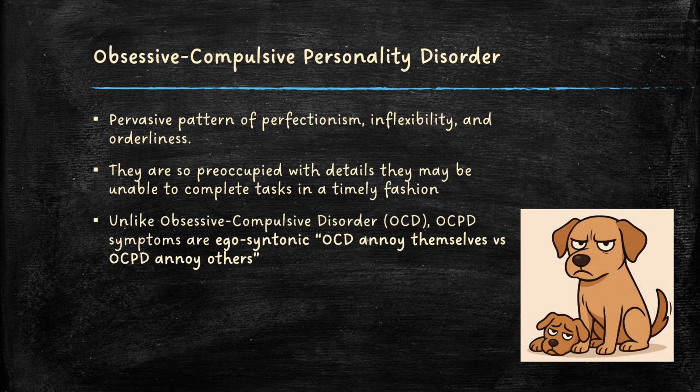Now, you do need to know the difference between OCD and OCPD. OCPD symptoms are ego-syntonic. And the way to remember this is OCD annoys themselves, whereas OCPD annoys others. So people with obsessive compulsive personality disorder are going to annoy the people around them, and they're not going to see any issue with their rigidness and perfectionism. Whereas OCD, they're going to be bothered by their obsessions and compulsions.